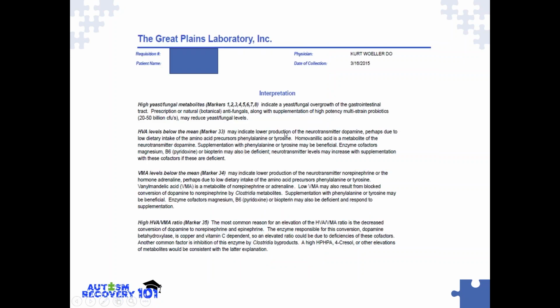And then every lab is going to come with an interpretation page. Here's the key point I want you to understand. If a marker shows up abnormal on the test, even if it's 1 point above the reference range or 1,000, they're going to print out essentially the same paragraph or paragraphs related to that marker.